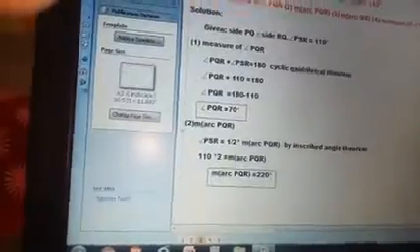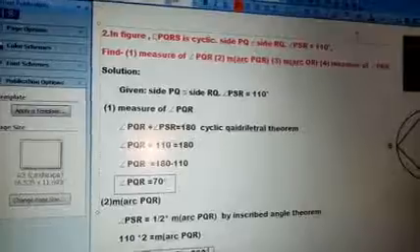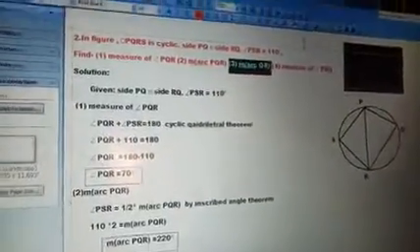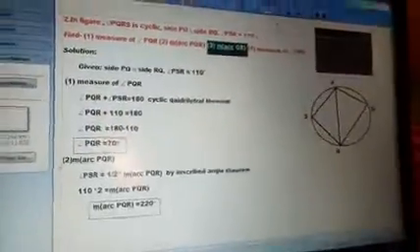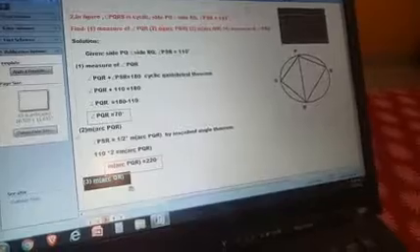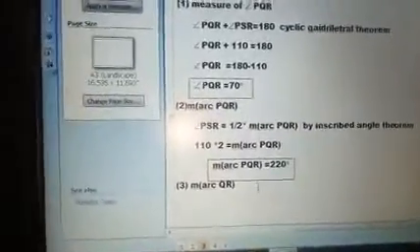Okay, let's see, we have found the second condition. After that, what is the third condition? Measuring arc QR. So condition number three, measuring arc QR.